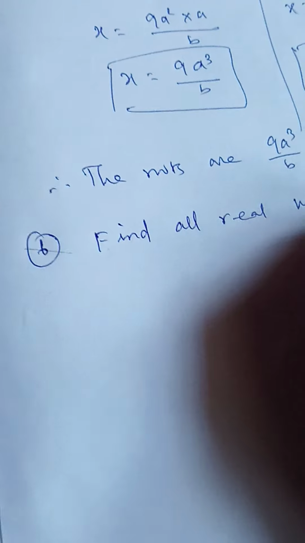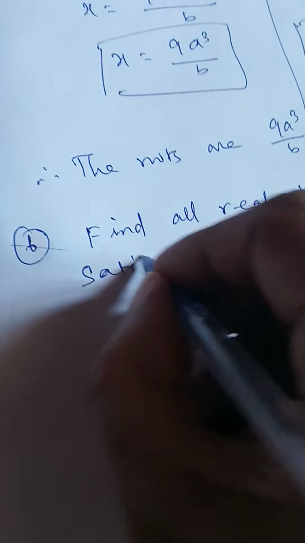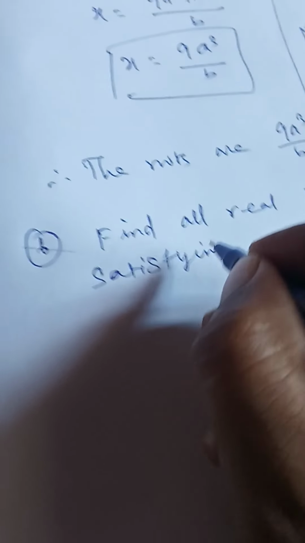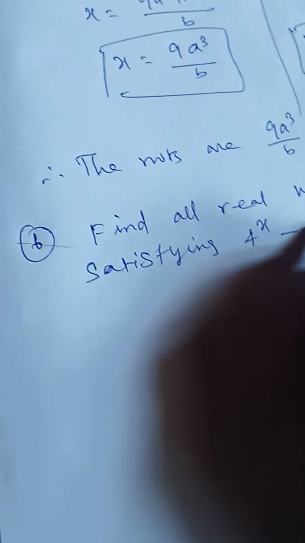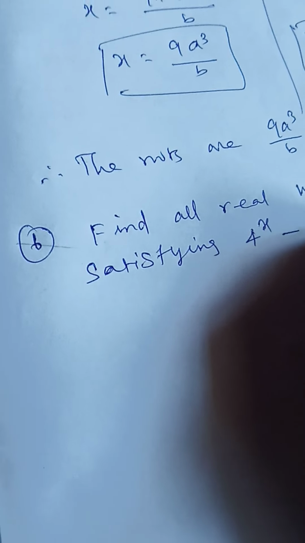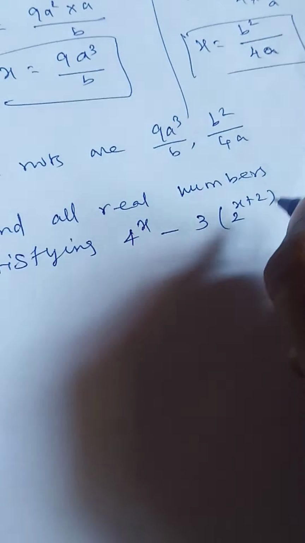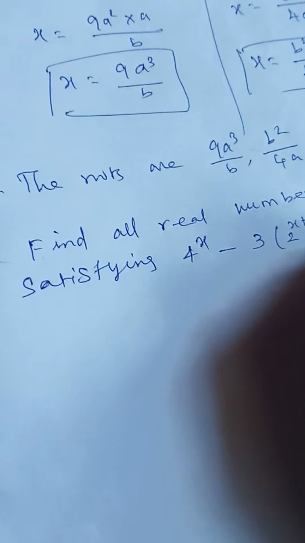Fifth, next day. Find all real numbers satisfying 4 power x minus 3 into 2 power x plus 2 plus 2 power 5 is equal to 0.